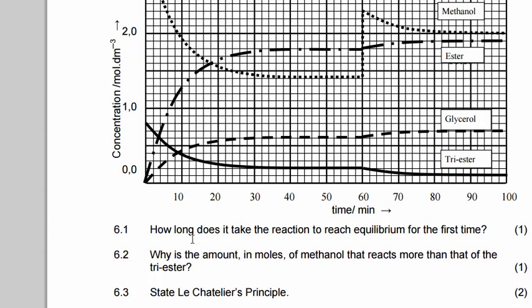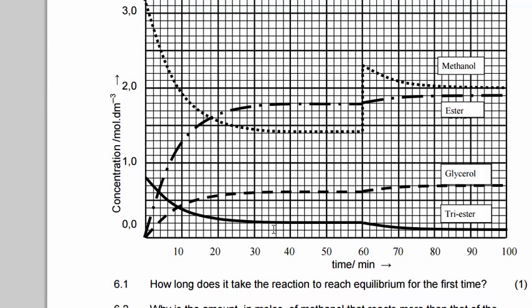So here they just give us our concentration versus time graph. First question, I'll try and answer this as far as I can just on here. How long does it take for the reaction to reach equilibrium for the first time? Roughly, what do you think? Just after 20 minutes. 20 minutes, really?